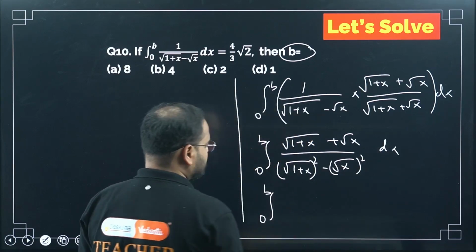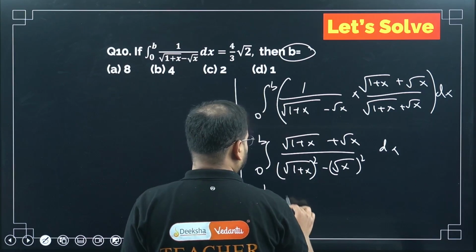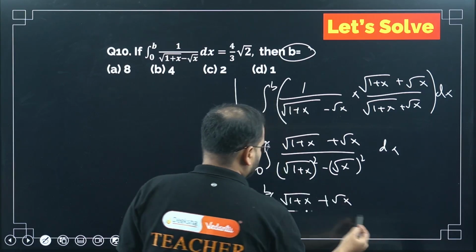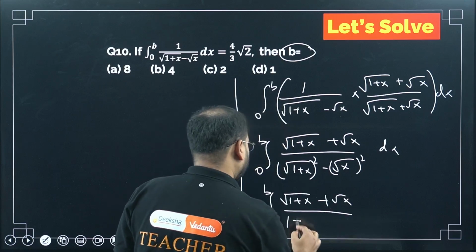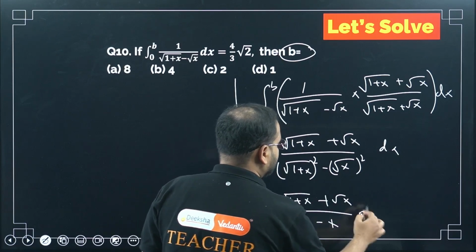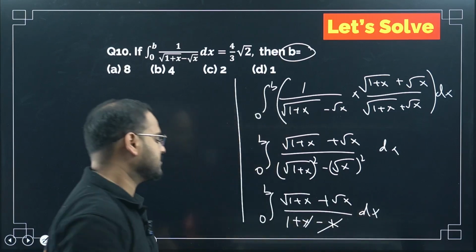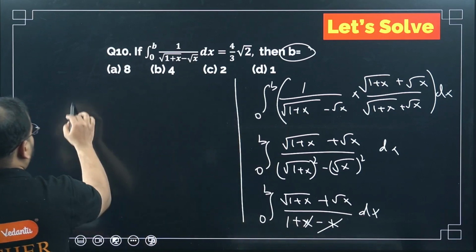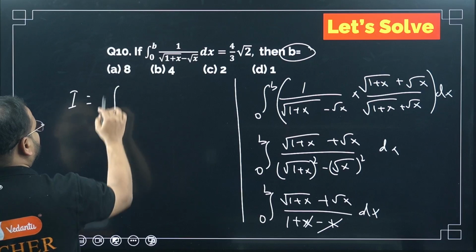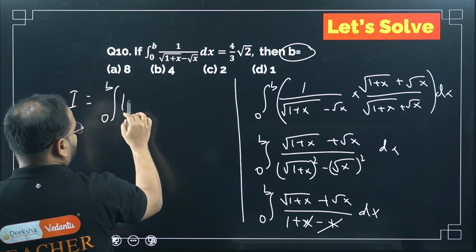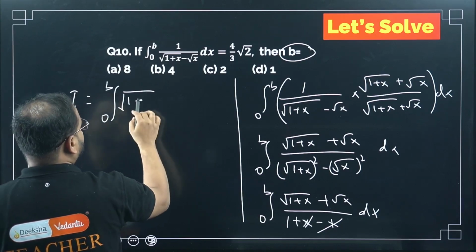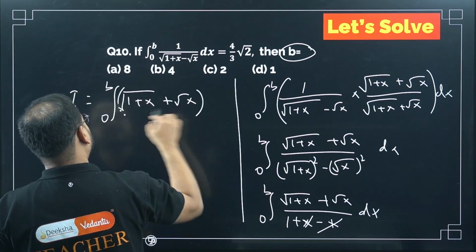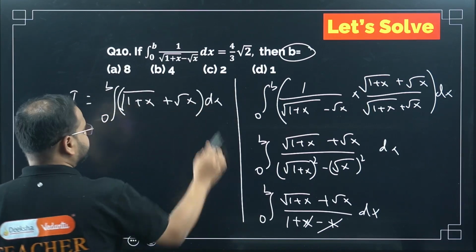So from 0 to b, this is simply 1 plus x plus root x divided by 1 plus x minus x, dx. x and x are cancelled. What I'm left with: I equals the integration from 0 to b of root 1 plus x plus root x, with the variable dx.